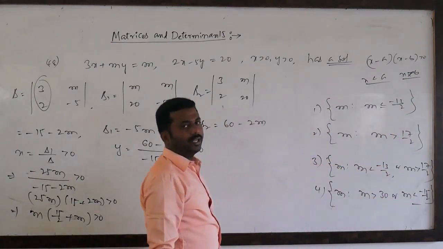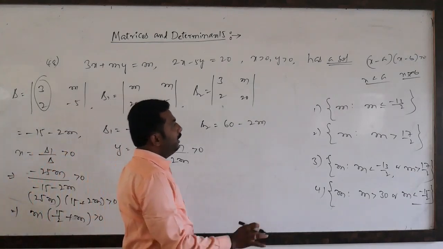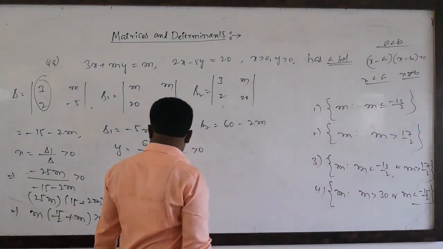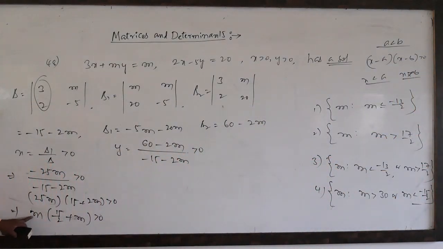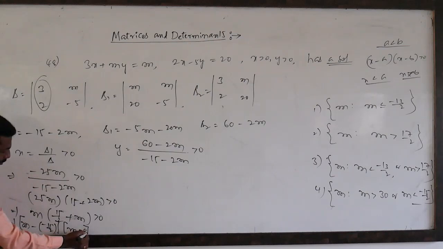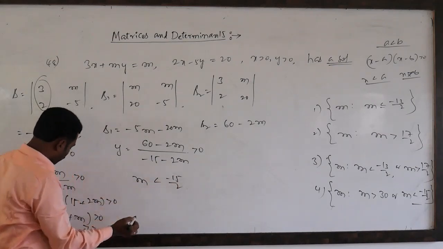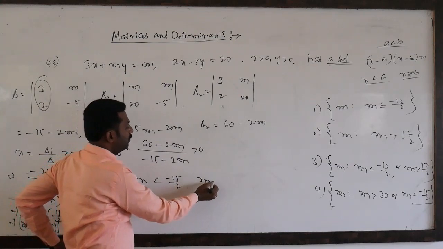From this we can write m < -15/2 or m > 0.